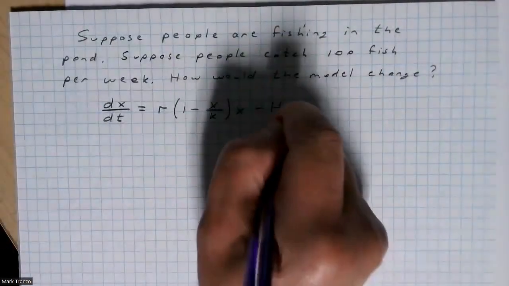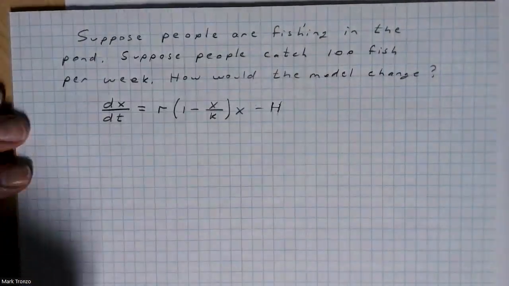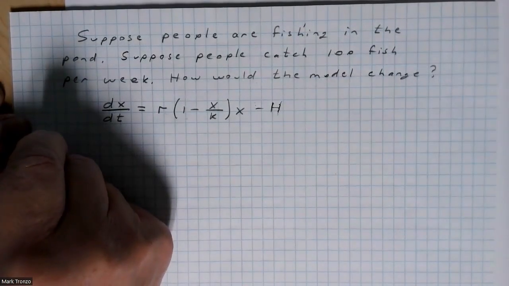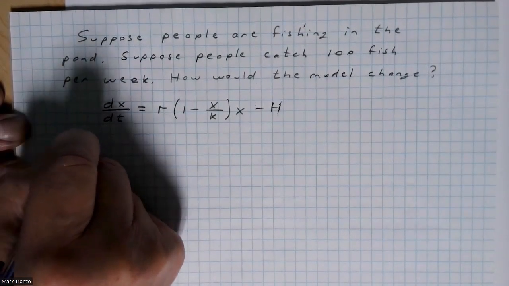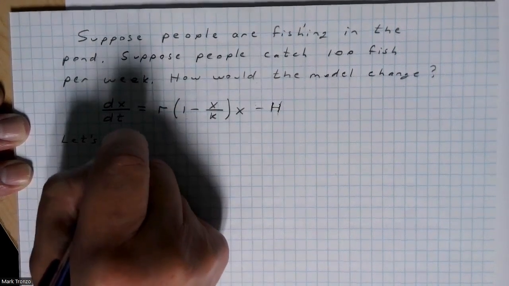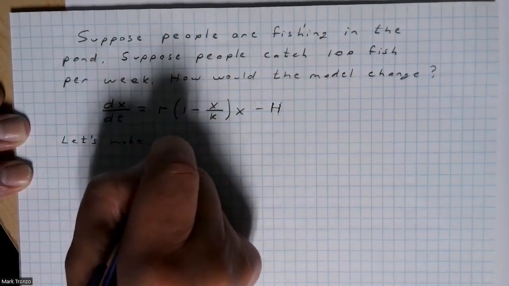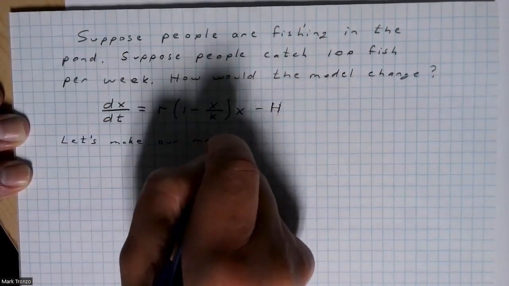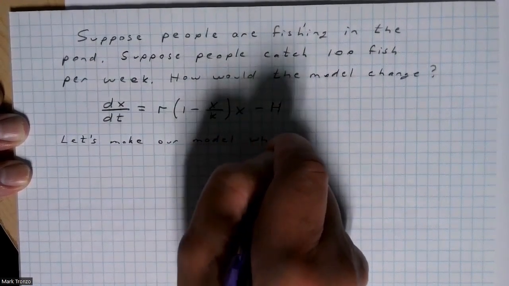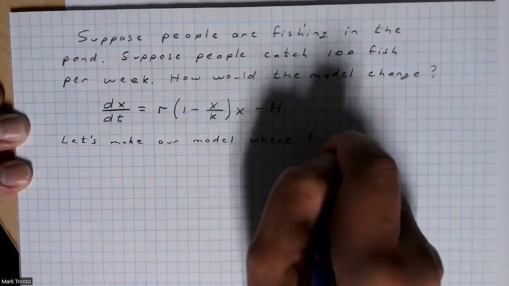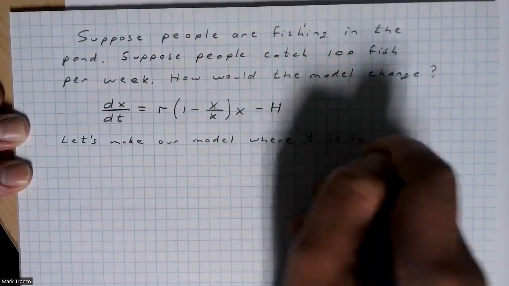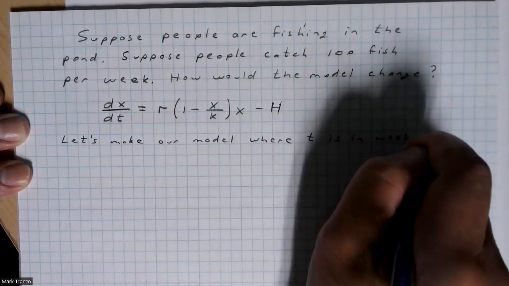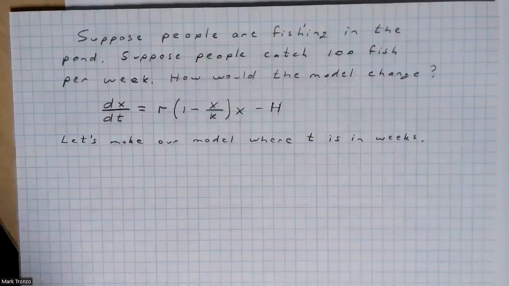And so if we put this on a per week term, say, let's make our model where t is in weeks, then we're going to have to change our rates.